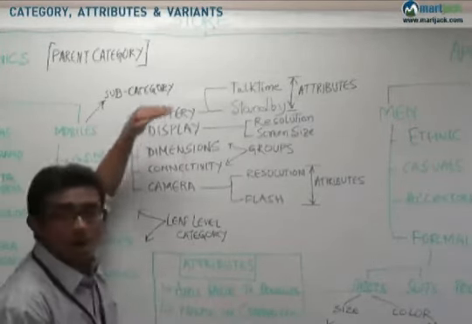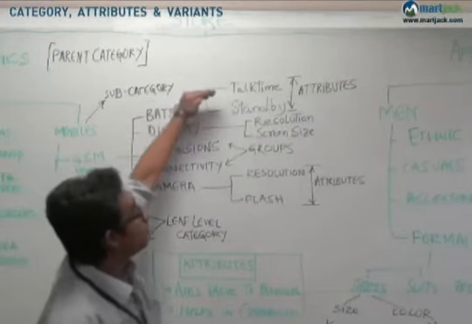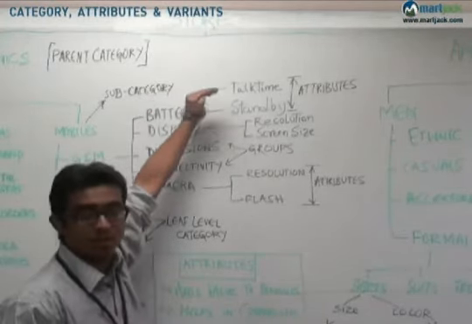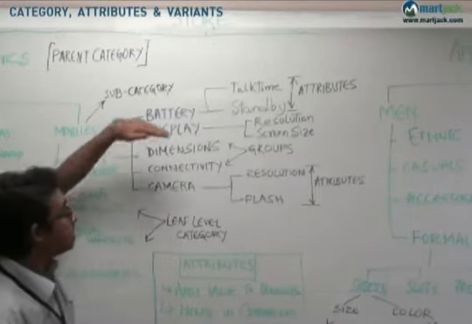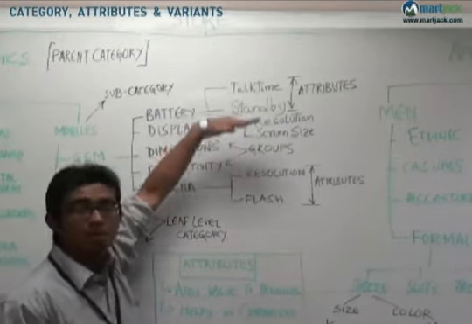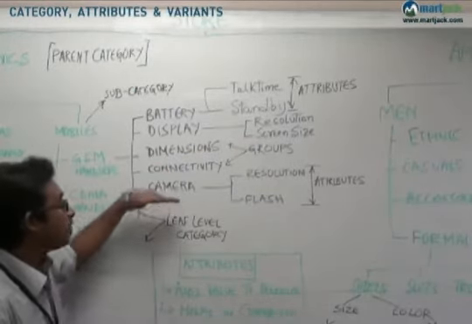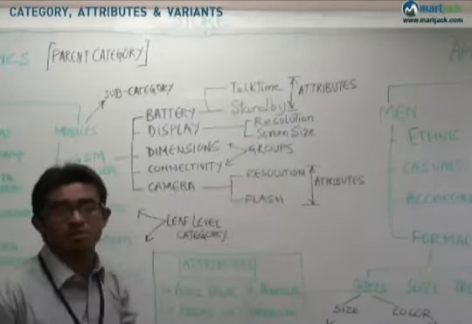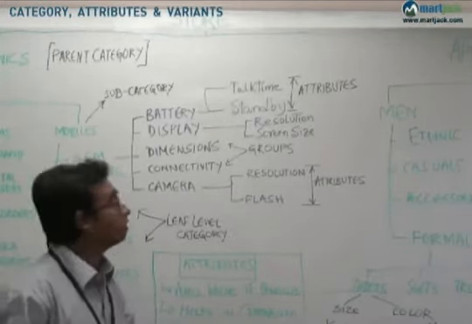To understand how good a battery life is of a particular GSM handset, you probably have to know how the talk time of the particular mobile is. What is the standby time in terms of hours? For display, you would like to know how is the resolution of the display, what is the size of the screen. Similarly, for a camera, you would like to know what is the resolution of the camera, what is the flash, whether there is a flash there or not there for the camera.